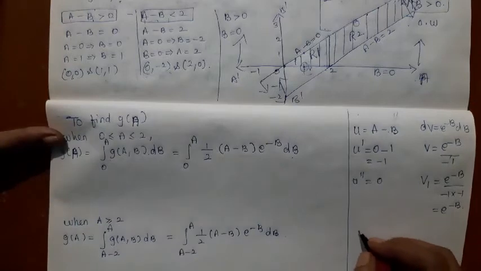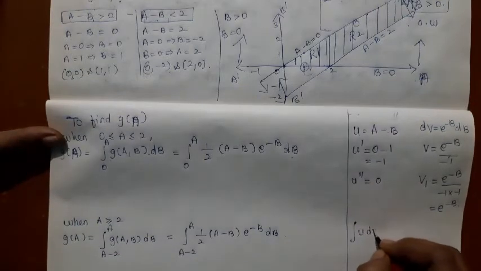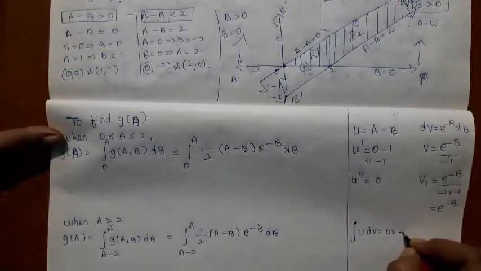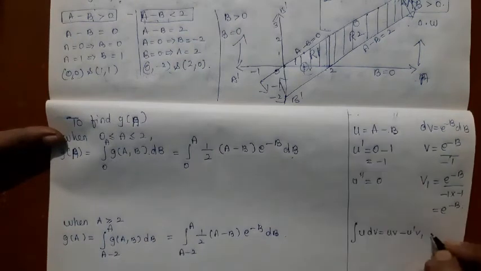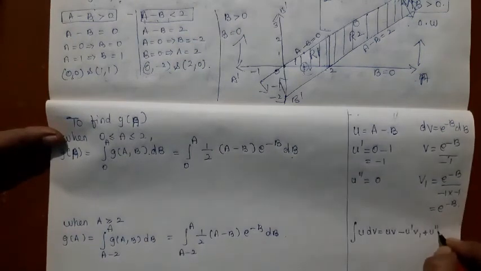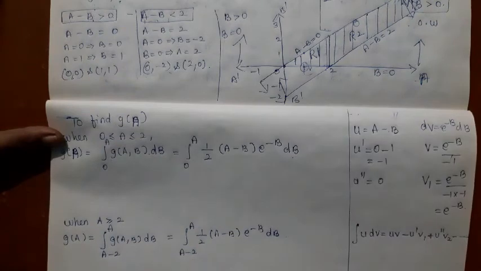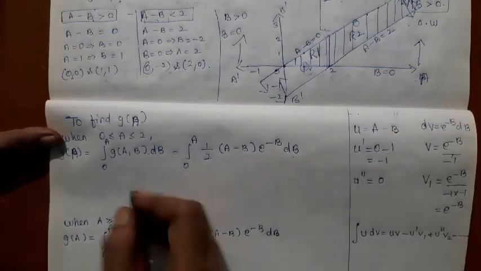The Bernoulli formula says the integral of u dv can be written as uv minus u dash v1 plus u2 dash v2 minus etc. Okay, I am going to use this formula.